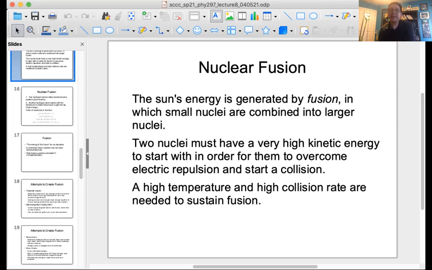So two nuclei must have a very high kinetic energy to start with in order to overcome electric repulsion and start a collision. And this is an ongoing issue where fusion plants, meaning power generation, are considered.